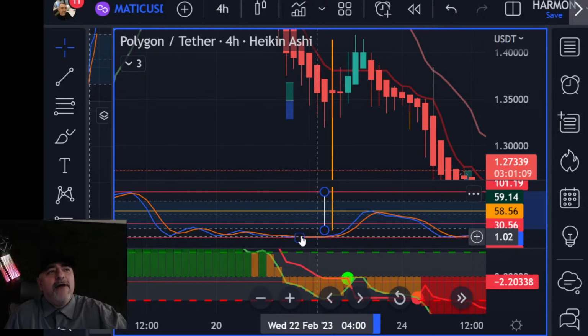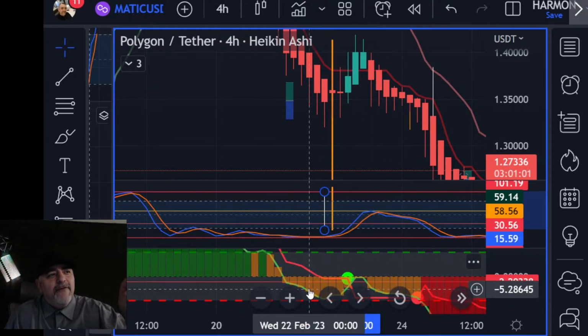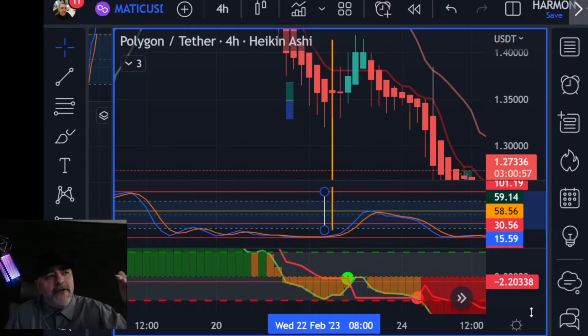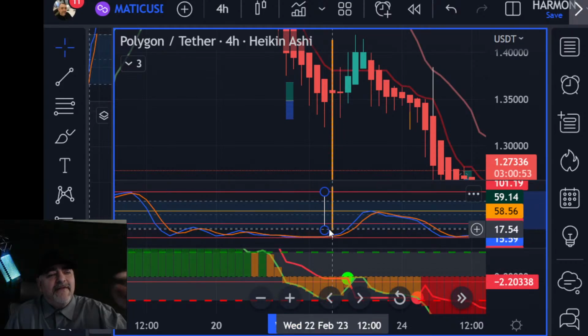The fact that the 4 hour has been bottomed out for a while is a hint that it's going to start moving. Looking at my MACD on the 4 hour, it's starting to slowly creep up, but it really comes down to this 4 hour.